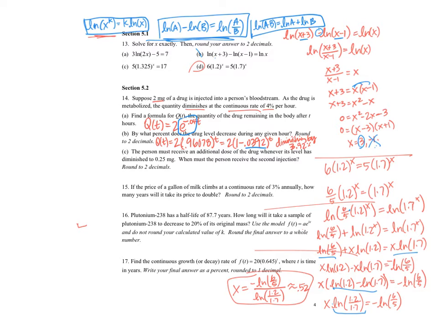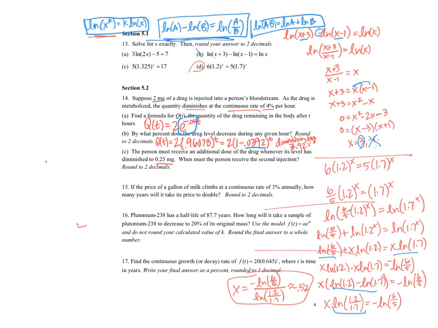Okay. And then the person must receive an additional dose of the drug whenever its level has diminished to 0.25 milligrams. When must the person receive the second injection? That's telling us our quantity is that, so I just need to solve this equation.